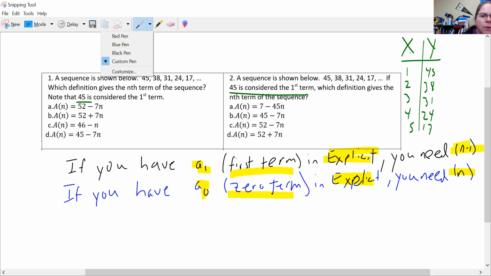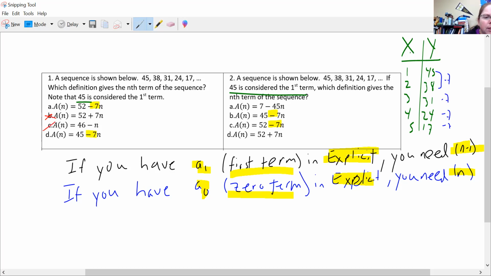And for each of those, we're subtracting 7. So our first difference every single time is -7. That's all the same, so that means it's linear or arithmetic. And so we're looking for a -7 in front of the n, and we've got that in 2 places. So that means the other 2 are thrown out.